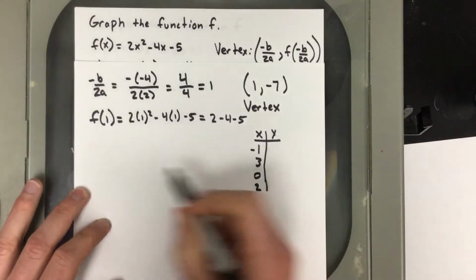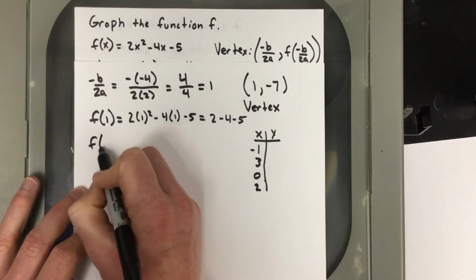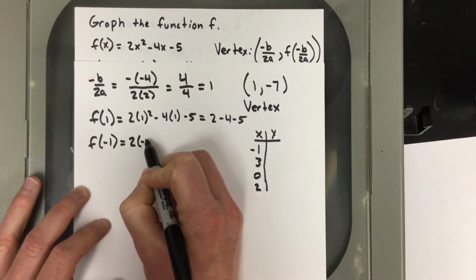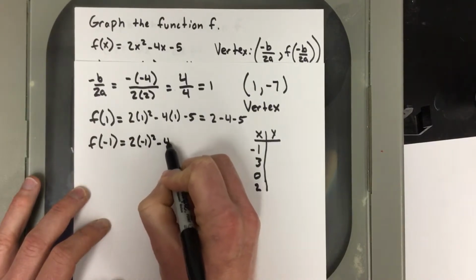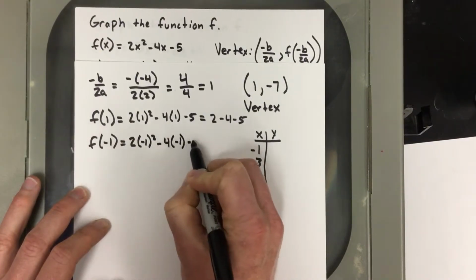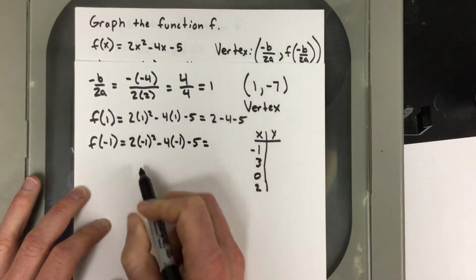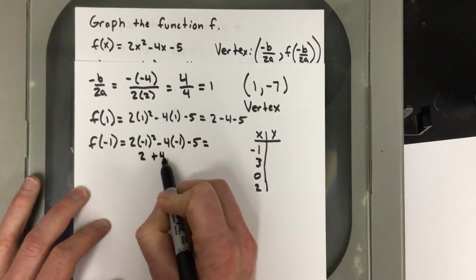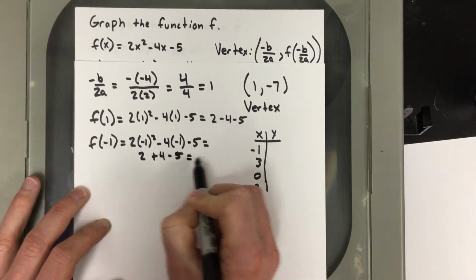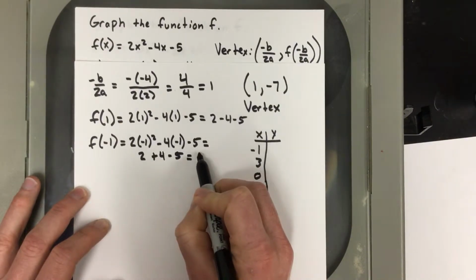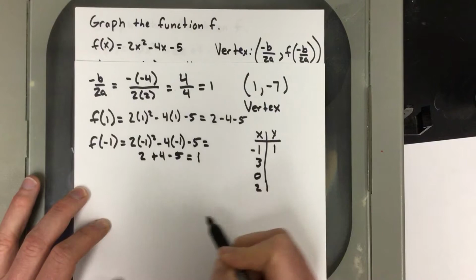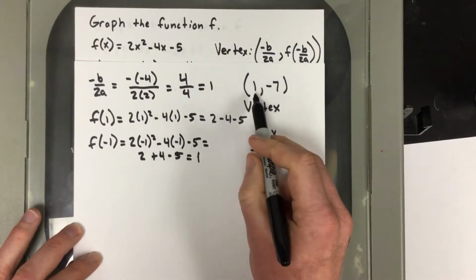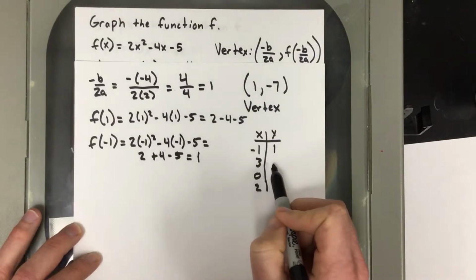I'm going to plug these in, and I'm going to say, all right, what's f of negative 1? That'd be 2 times negative 1 squared minus 4 times negative 1 minus 5. That's going to give 2 plus 4 minus 5, which is 1. Now I should expect, if I plug 3 in, because this is supposed to be symmetrical about 1, that I should get a 1 here.